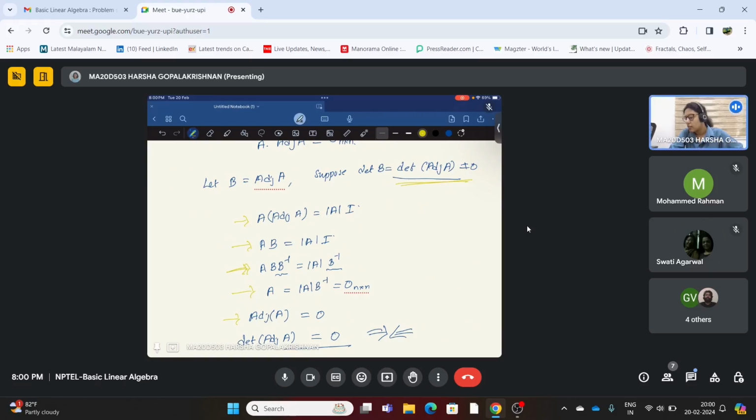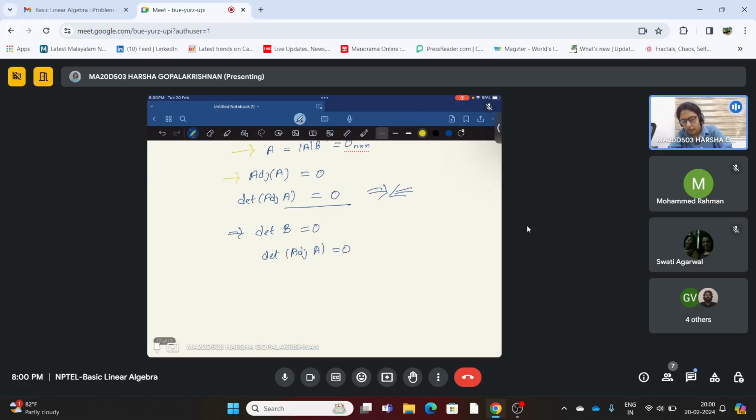Okay, maybe one more question I will do quickly. Again, the question is true or false: if determinant of adjoint of A equals 0, then determinant of A equals 0.